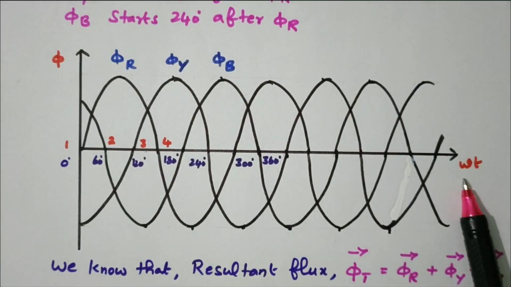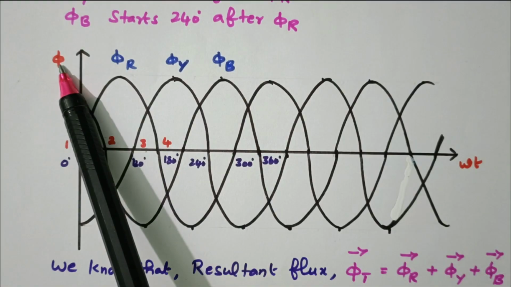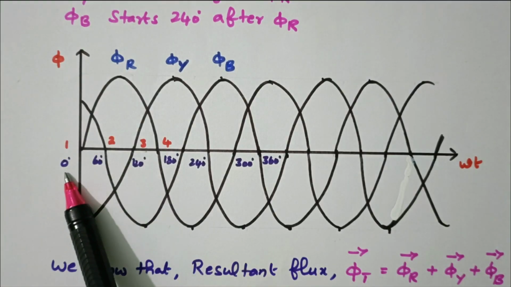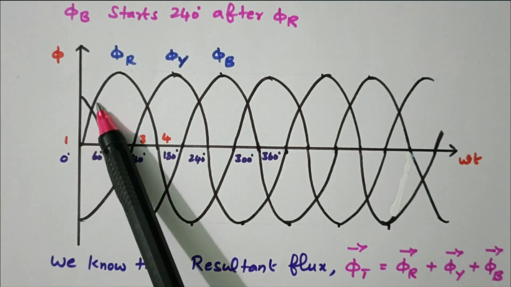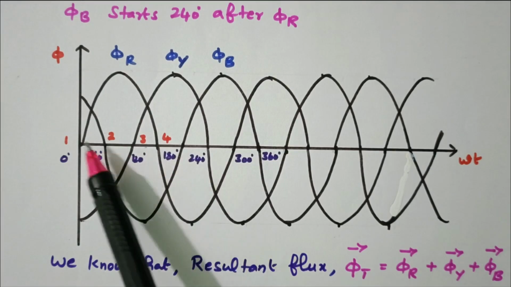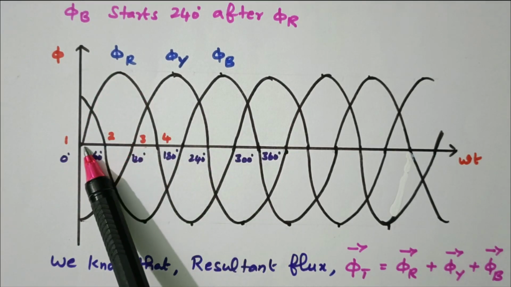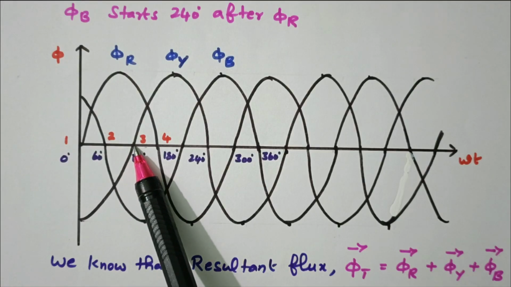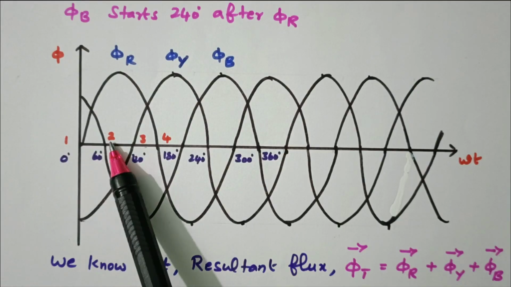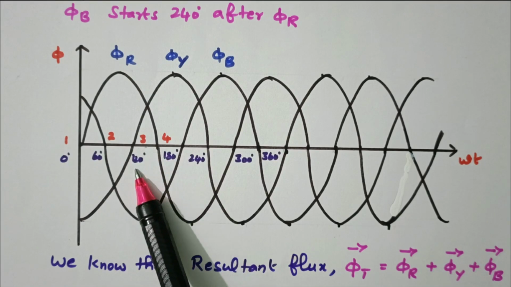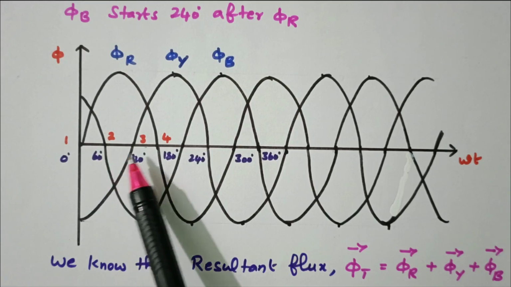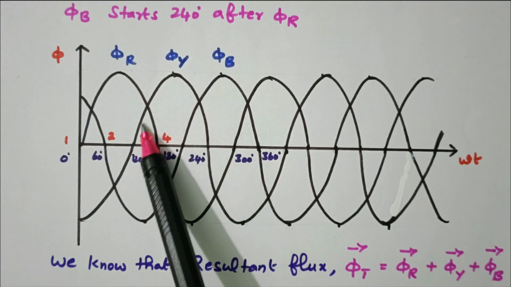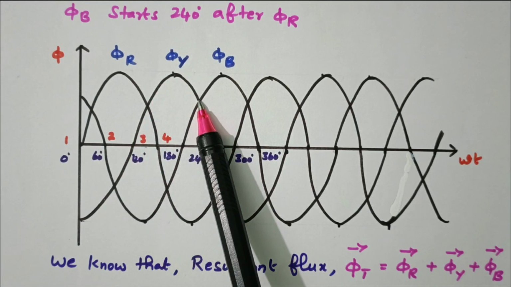On the x-axis is the time period, and the y-axis is the flux. We are drawing the variation of flux. At 0 degrees, the flux in the R phase, pi R, starts. Position 1 is 0 degrees, 2 is 60 degrees, 3 is 120 degrees, 4 is 180 degrees. At position 3, 120 degrees, pi Y, the flux in the Y phase, starts.